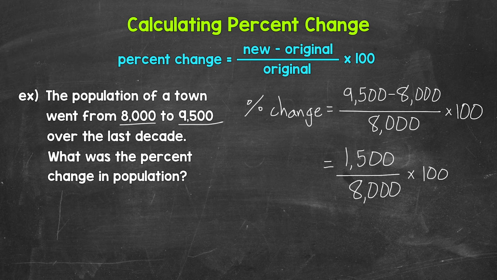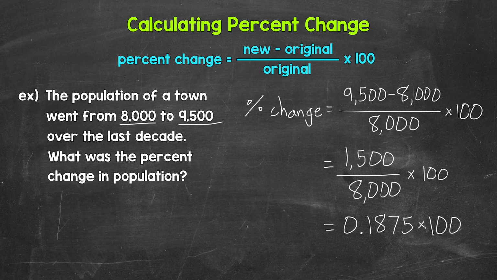So now we divide. 1,500 divided by 8,000 gives us 0.1875. So 1,875 ten-thousandths. So that's our decimal, and we need to multiply that decimal by 100 in order to convert it to a percent.